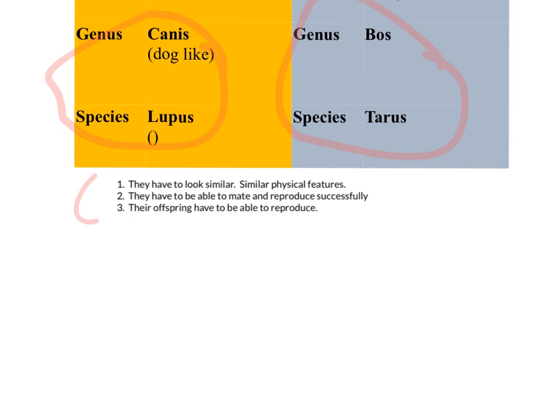And another thing that I want to point out is that for scientific name, the book is going to call it binomial nomenclature. Nomial means like name, bi means two, so it's a two-part naming system. So binomial nomenclature, if that comes up, it's the same thing as scientific name.